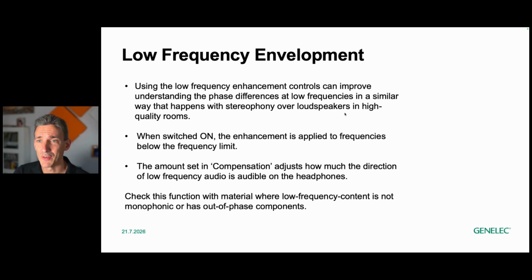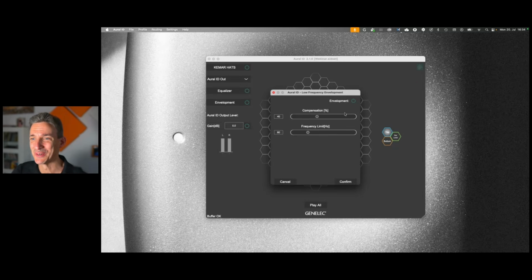Yes, about low frequency envelopment. I already mentioned it. You can read it, but I think I will just show it to you. This is the second option under the equalizer. This is called envelopment. And important, the naming envelopment means something in general that envelops you. We mean low frequency envelopment.